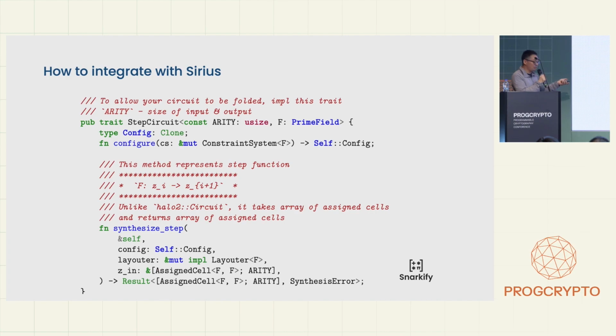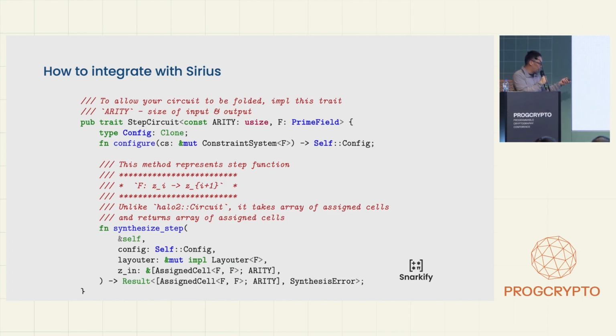The second one, the synthesize step, is very similar to the synthesize method in Halo 2. This executes the step function f from z_i to z_{i+1}. For this one, you have to slightly modify your existing synthesize method. You have to change the z_in and z_out to become assigned cells instead of just values.